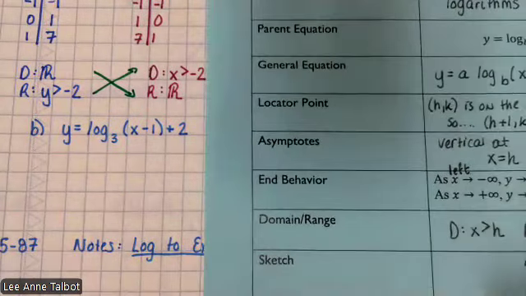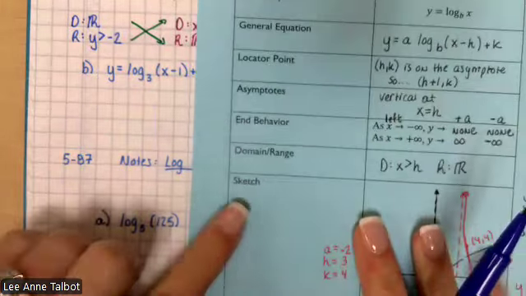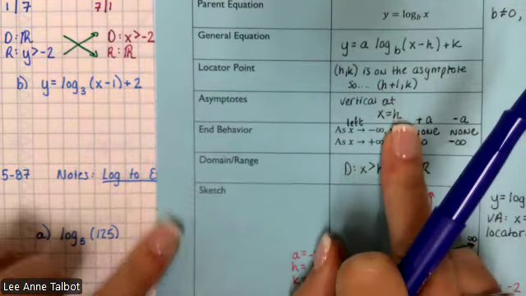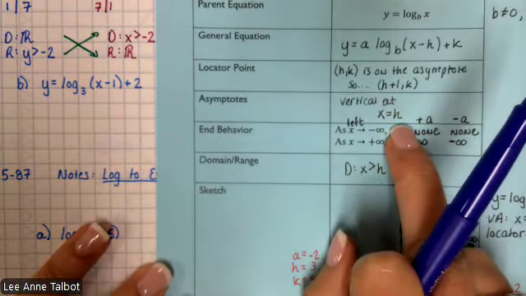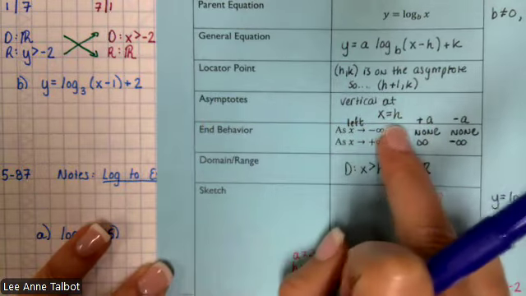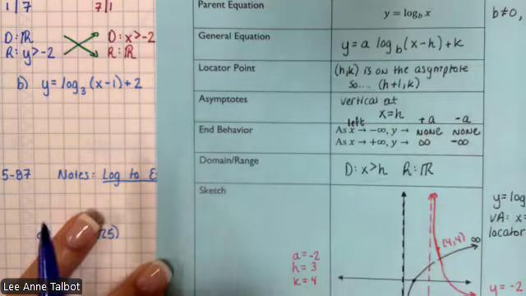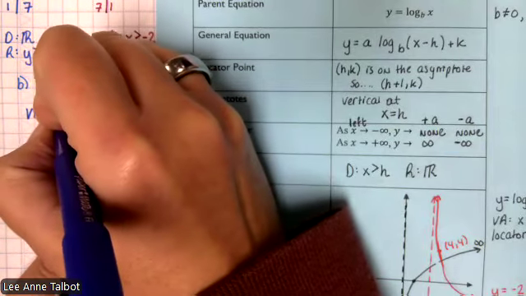There's my general equation. Starting with the asymptote. I always start with the asymptote. I think it's easier to visualize everything with the asymptote in there. It says vertical at x equals h. What is h in this problem? 1. Okay, so vertical asymptote x equals 1.